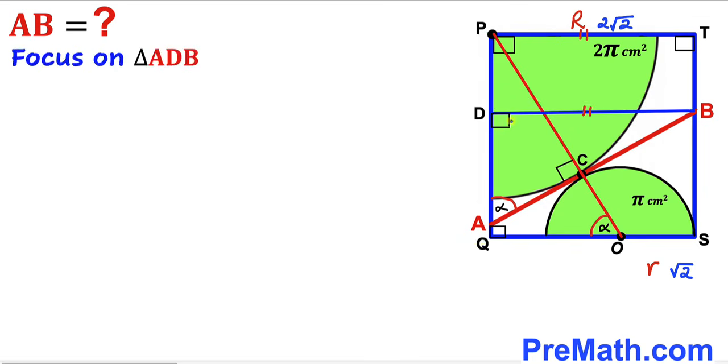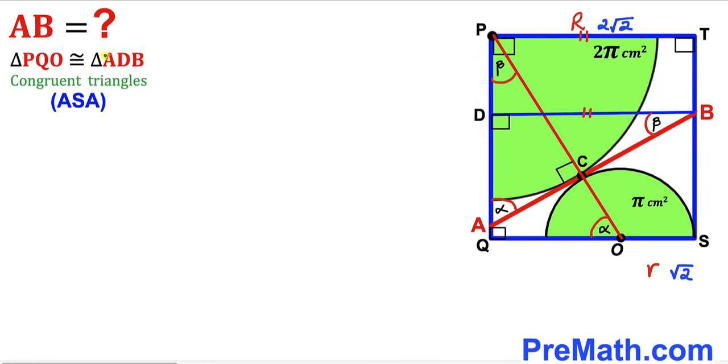And now we are going to focus on this right triangle ADB. Let's recall once again, alpha and beta are our complementary angles. We know this angle is alpha, this is our 90-degree angle, so this angle has got to be our angle beta. So we conclude that this right triangle PQO and this other right triangle ADB are congruent triangles according to the angle-side-angle congruency theorem.